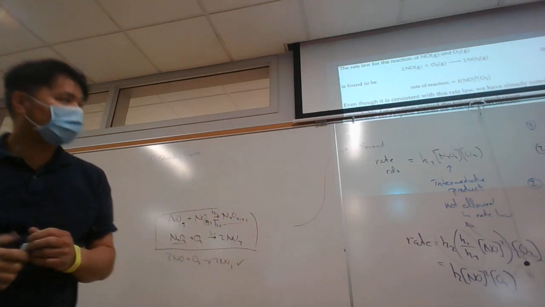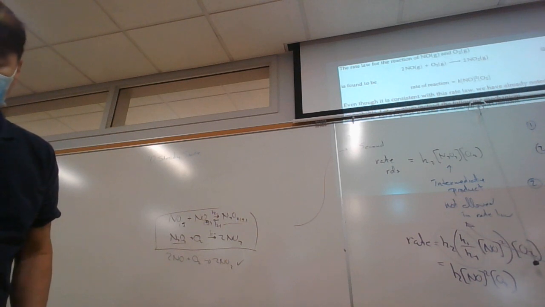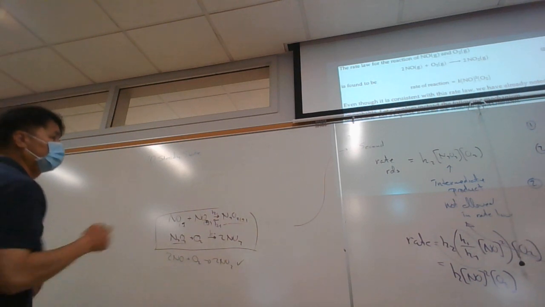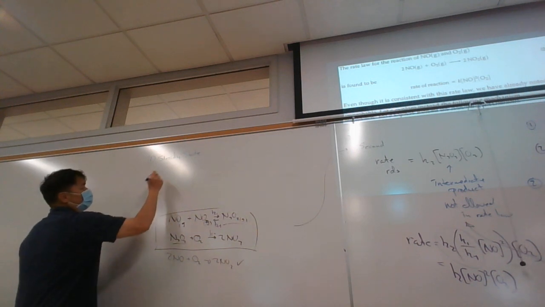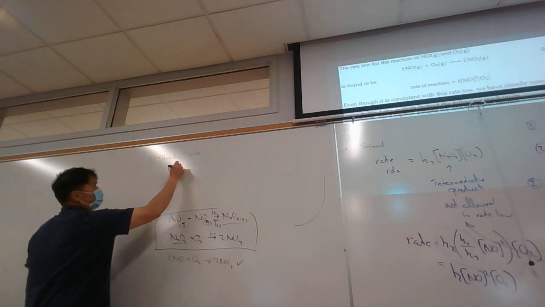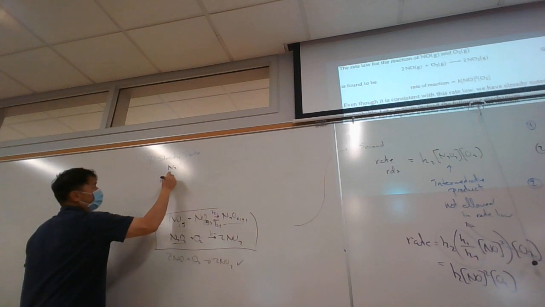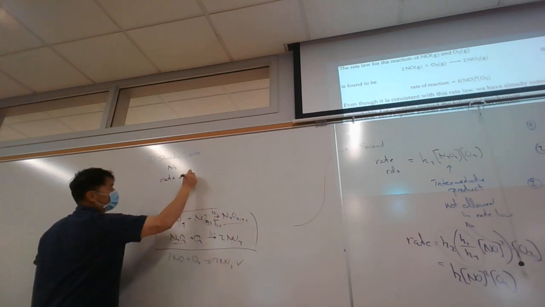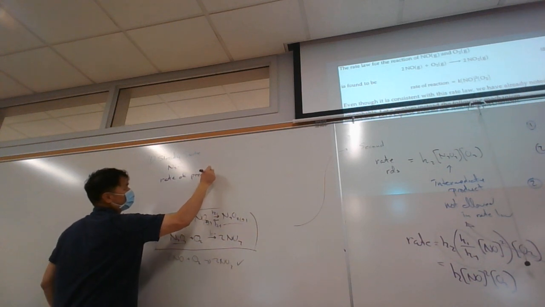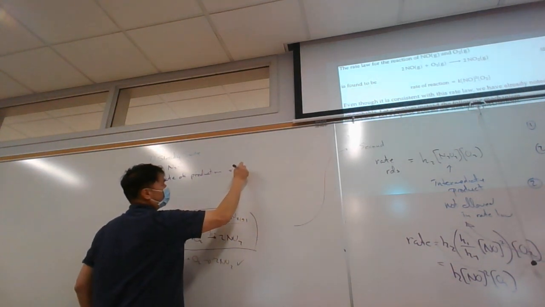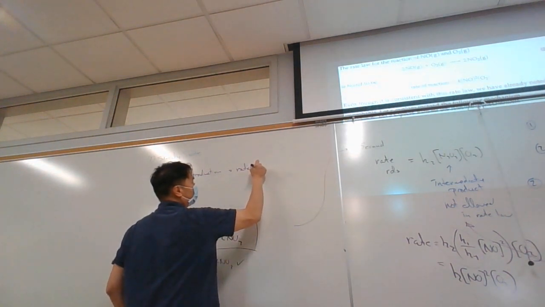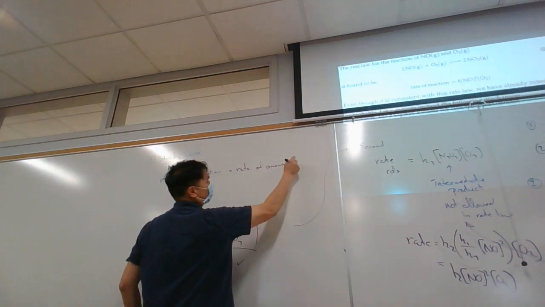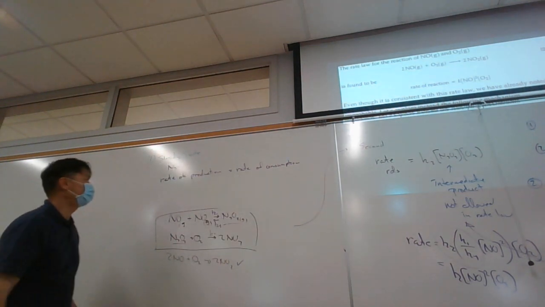In the steady state, what we're going to say is that for N2O2, the rate of formation or production is equal to the rate of consumption or destruction, whatever we want to call it.